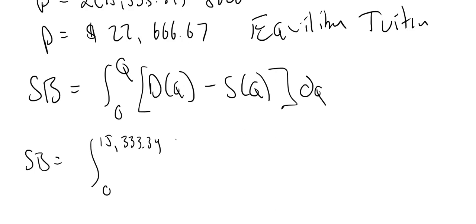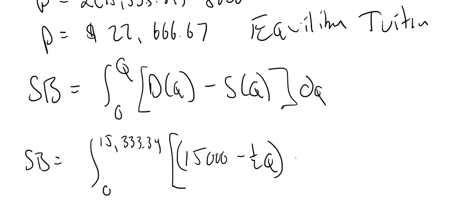And the demand function was 15,000 minus 1/2 Q minus the supply function, which was 2Q minus 8,000.